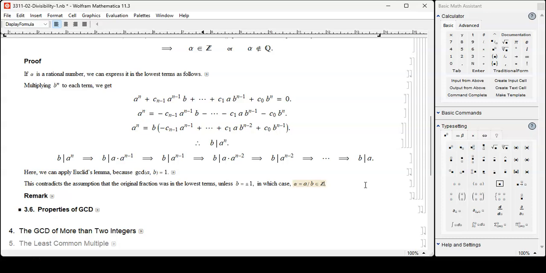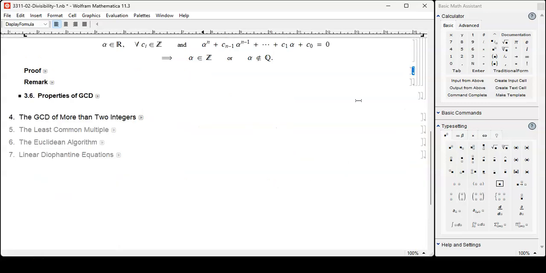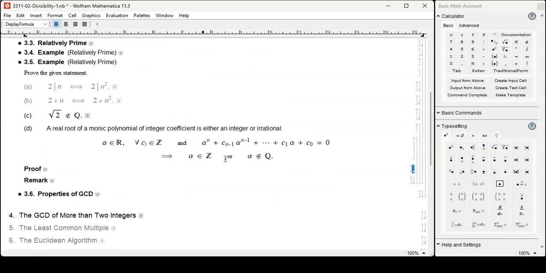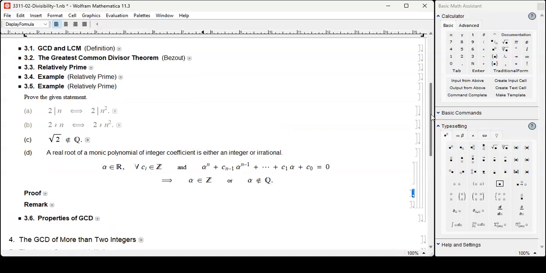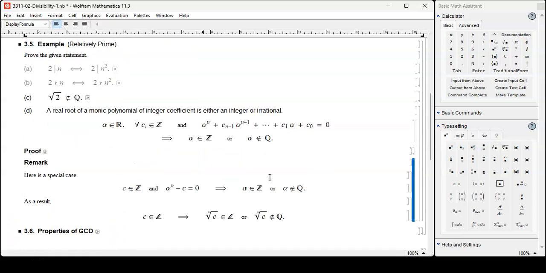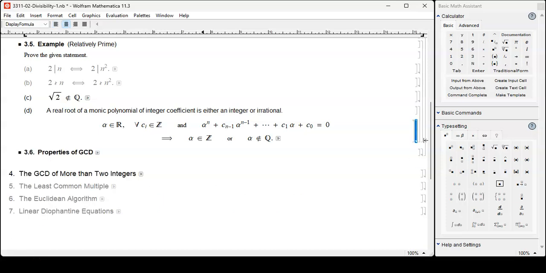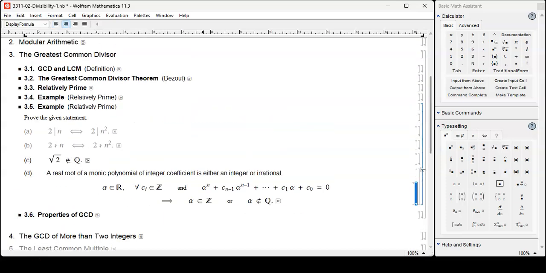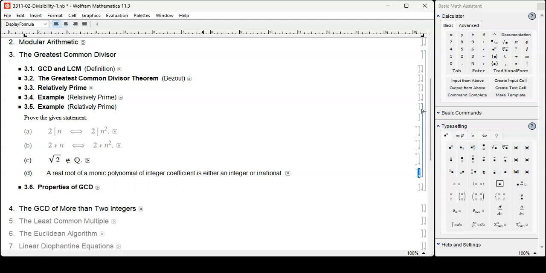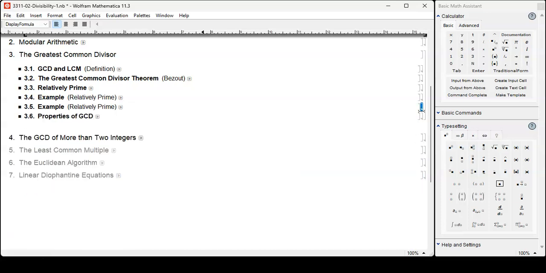So if it is an integer, then fine. Non-integer rational number, then not fine. Contradiction. So what conclusion do I get? The result is either an integer or an irrational number. And we already went through the remark here. So this is a stronger result compared with part C. A lot stronger, as a matter of fact. Okay, so much for this example.